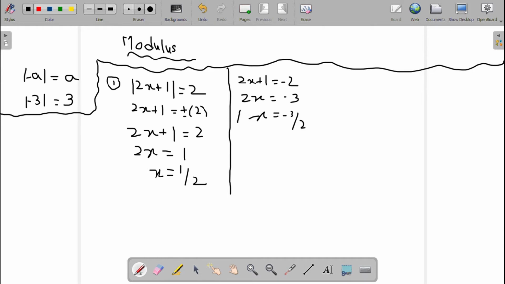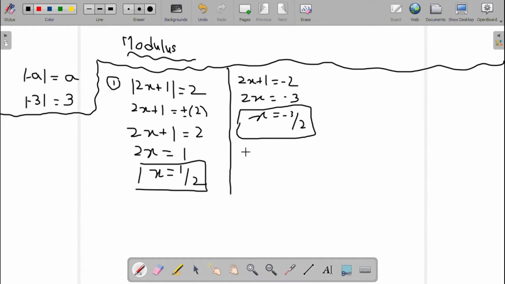Now the final step of this question is that we have to check the validity of these two roots. And how will we check that? You just have to put them in this equation. When you put both of these roots in this equation, if they are equal, then both roots are acceptable.